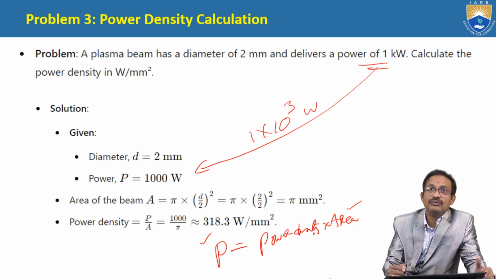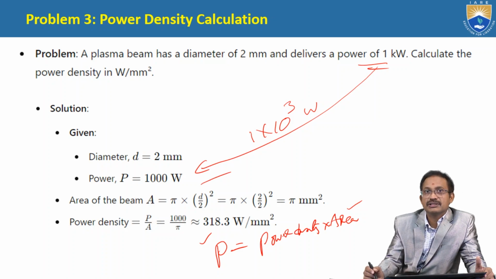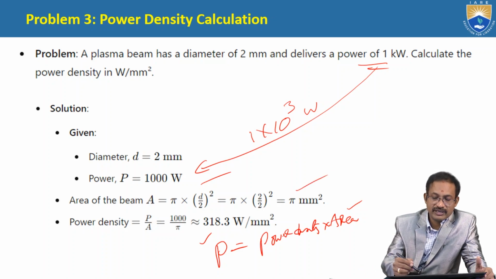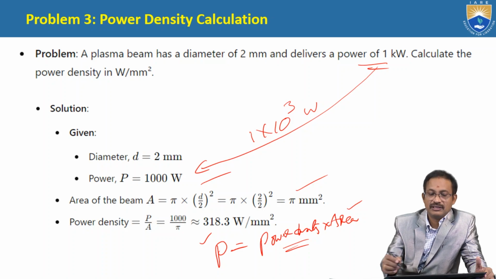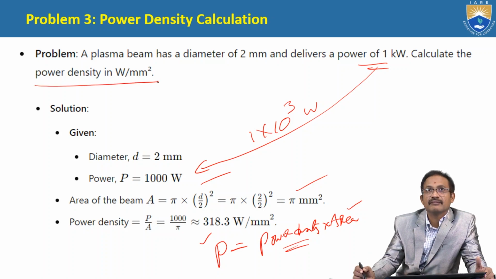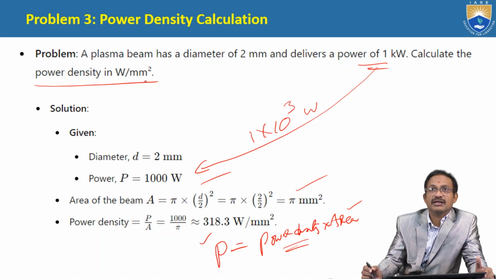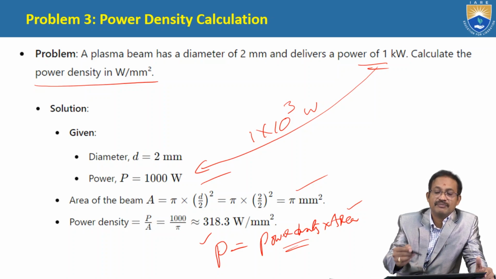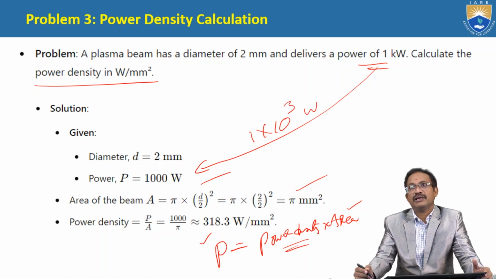Area equals pi r square, or pi into d by 2 square. So we get the area of the beam. Once we get the area of the beam, the unknown value, power density, we can calculate, in watts per mm square. The required unit is given. Here power is given in kilowatts, so we have to convert into watts.